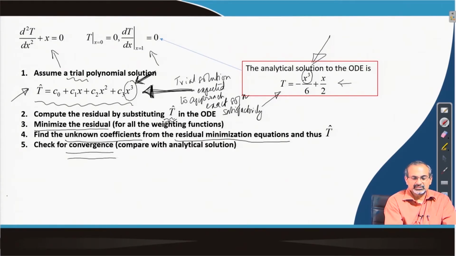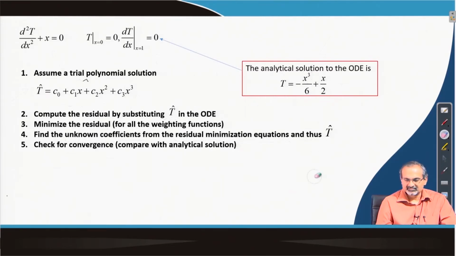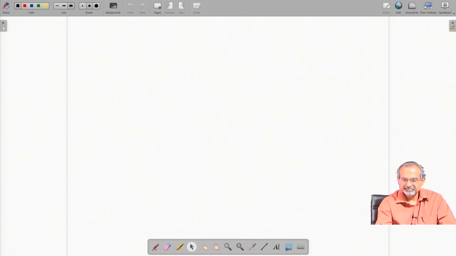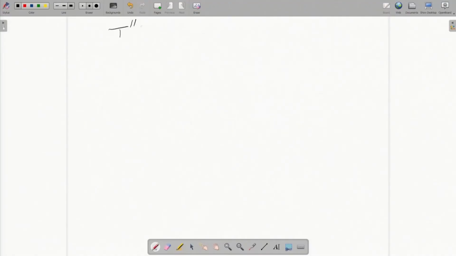Then we check for convergence, in the sense that the approximate solution, how good is it in terms of the analytical solution, which we already have available with us. Let us do this exercise a little bit more in detail. So, we have this equation T double dash plus x is equal to 0, where T double dash essentially stands for d2T/dx square, and we also remember about the boundary conditions that we have to satisfy.